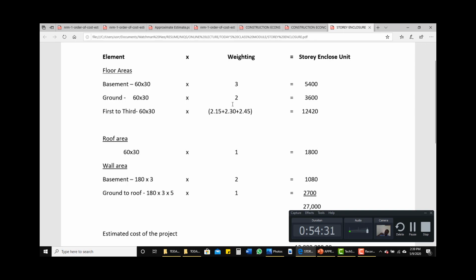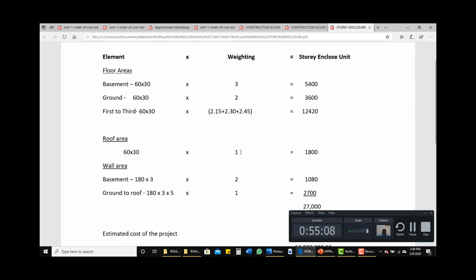Then from there on, you'll be adding 0.15 the higher you go up by floor. So from the first floor we have 2.15, for the second floor 2.30, for the third floor we have 2.45. So you add the three together, then multiply it by 1,800, the area for each floor. Then we have 12,420.